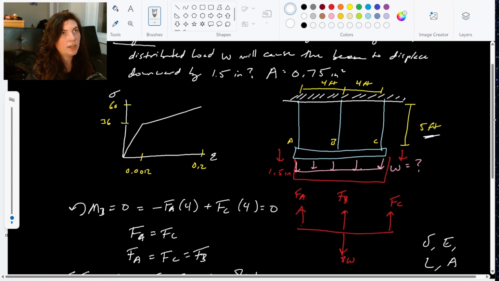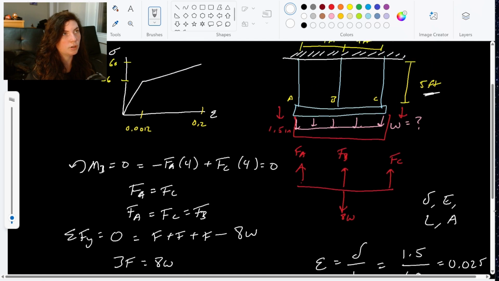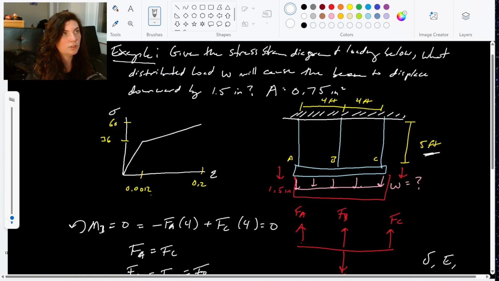So for a strain of 0.025 inches per inch, 0.025 is going to fall somewhere between these two values, my 0.0012 and 0.2. So somewhere in here is my 0.025 strain value, and I'll need to calculate that stress value.